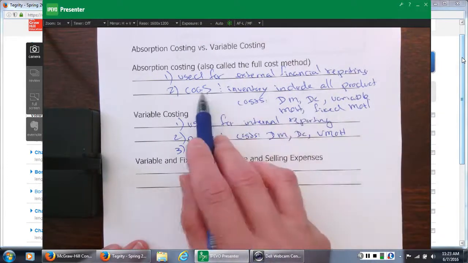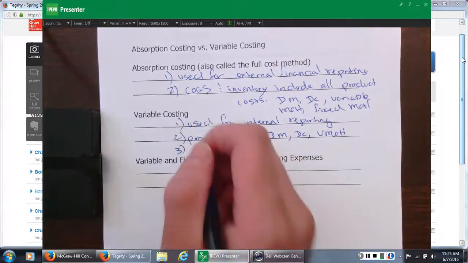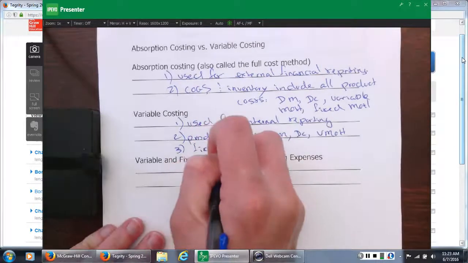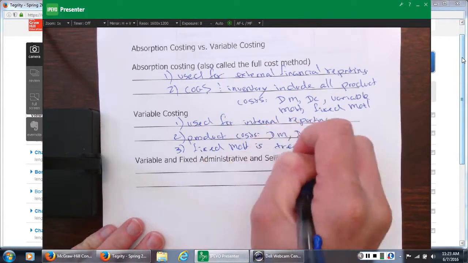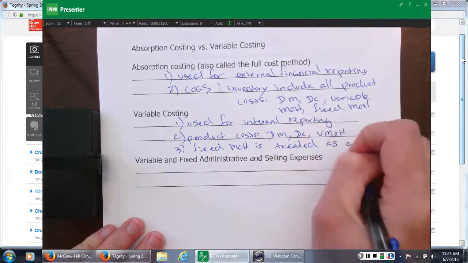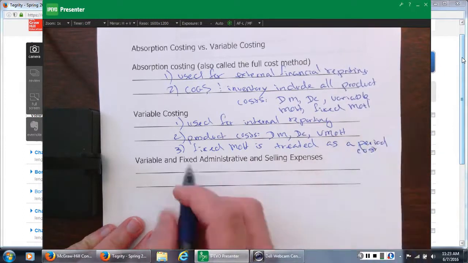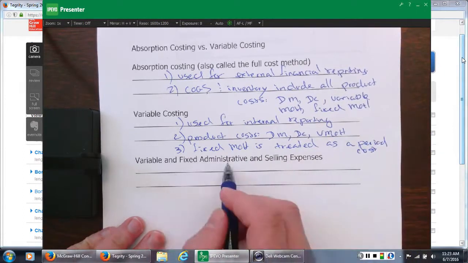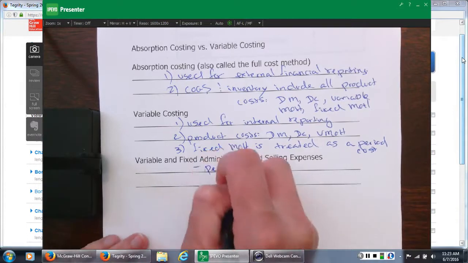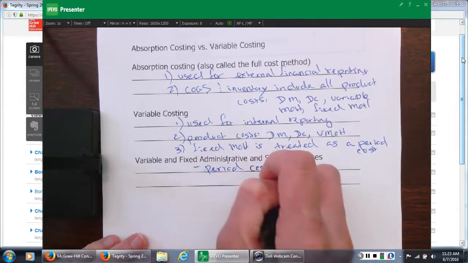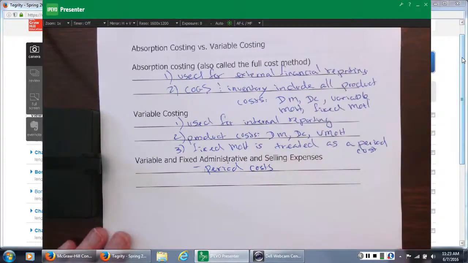It's included in inventory and cost of goods sold. Versus up here with variable costing, fixed MOH is treated as a period cost. Okay? Variable, fixed, and administrative and selling expenses are period costs always. Okay, so they're period costs under both variable costing and full costing.